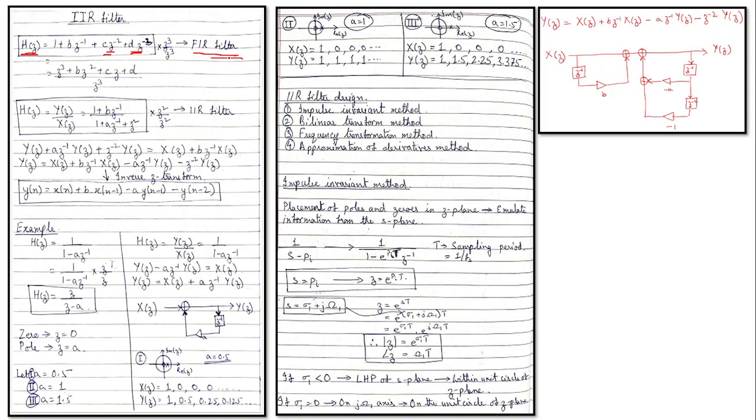Okay. Now, if we want to find out the pole and zero locations, what we do is whatever is the highest power of z inverse, we multiply that in both denominator and numerator. Okay.